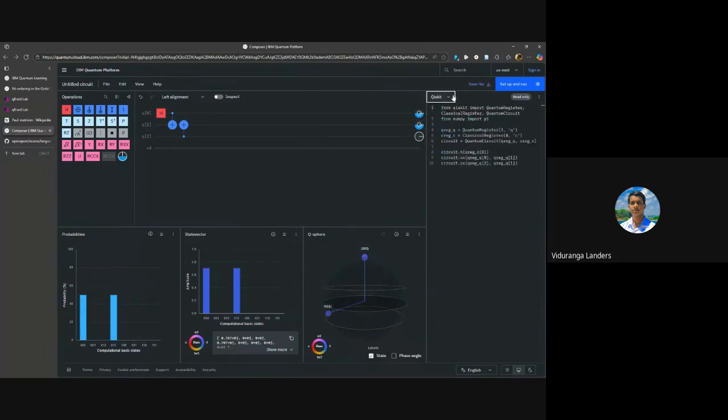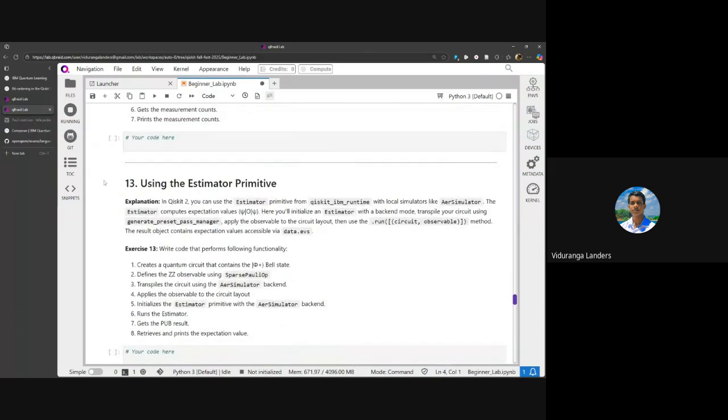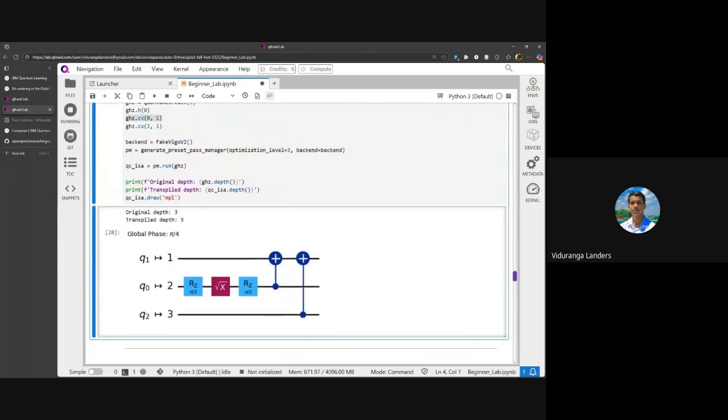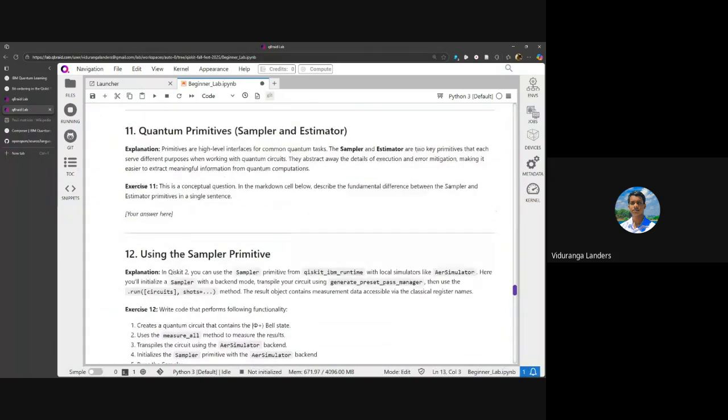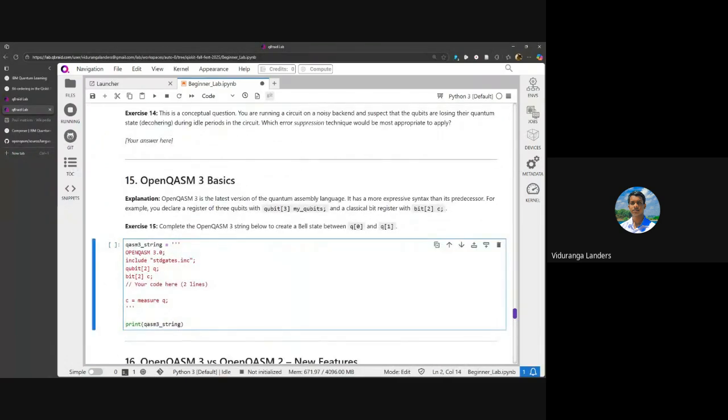So you can see this is the Qiskit version, and this is its OpenQASM version. So here what we are doing is including the library. Okay. Yeah.